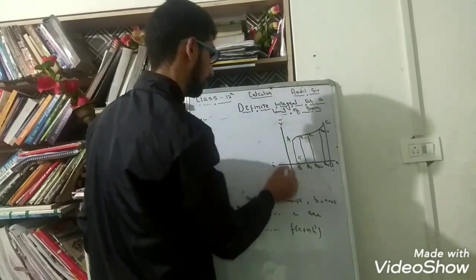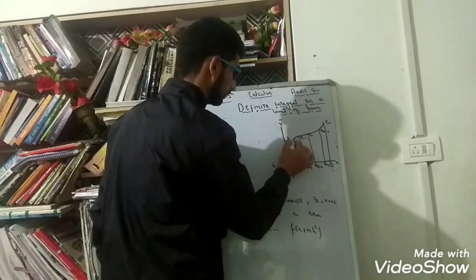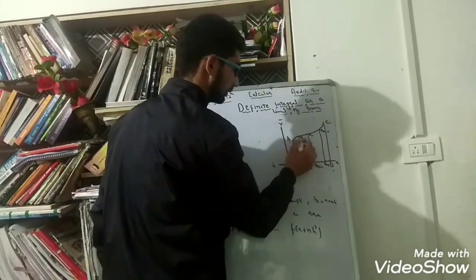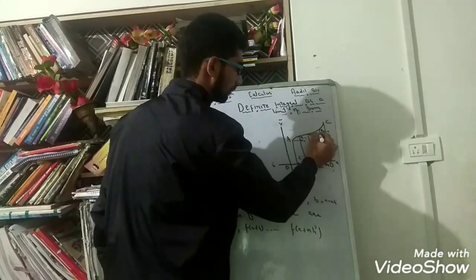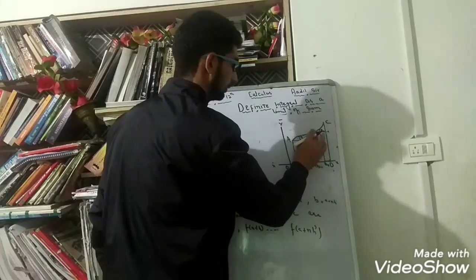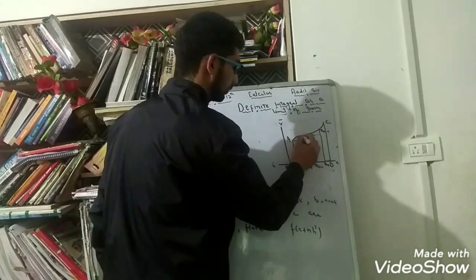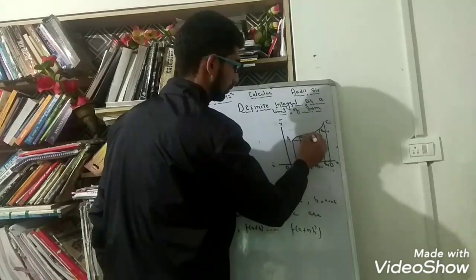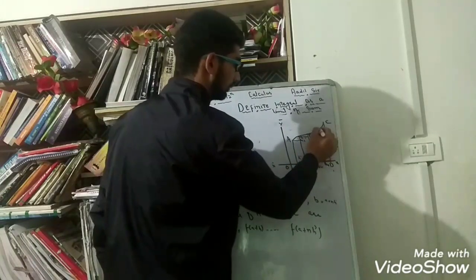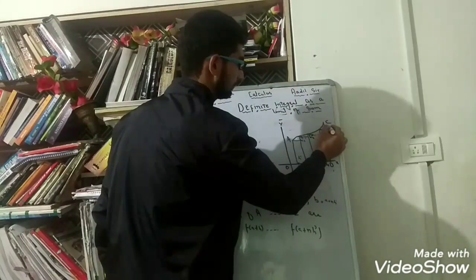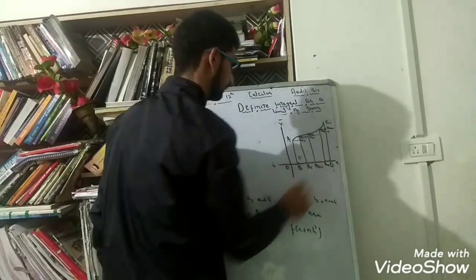After that I am drawing perpendiculars on this, and I am writing K1 for this perpendicular. From P2 I am taking K2, and so on, from this point to this I am taking Kn minus 1.